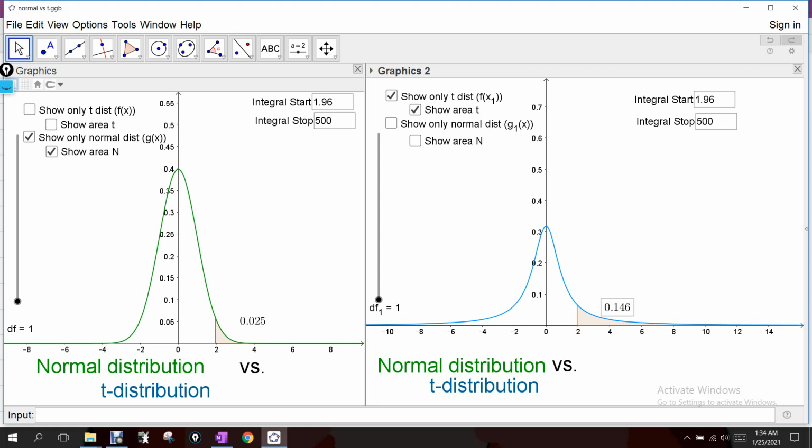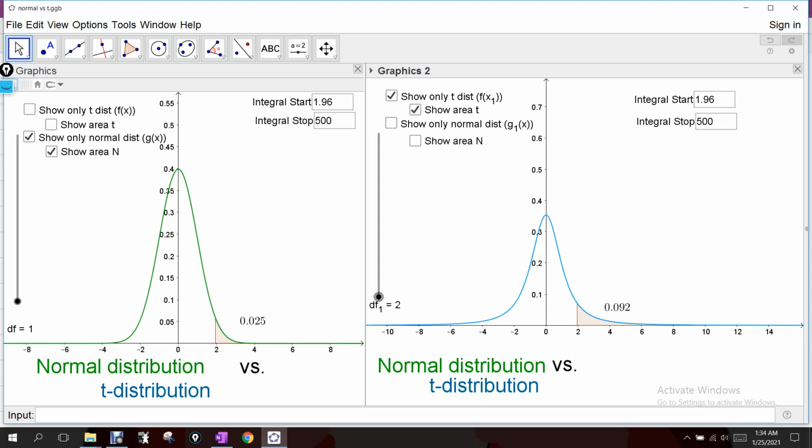So you're taking 2 objects from a population. And we find out that from 1.96, basically we call this a t-score, to the right, this right tail has an area of 0.146, or 14% of the area underneath this curve is to the right of 1.96, whereas over here 2.5% of the area is underneath the curve to the right of 1.96. And that's with the degrees of freedom 1, or a sample size of 2.